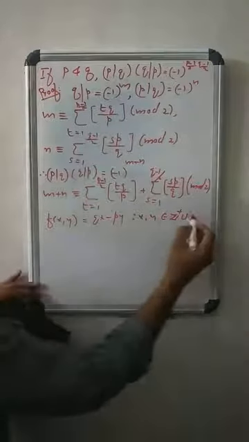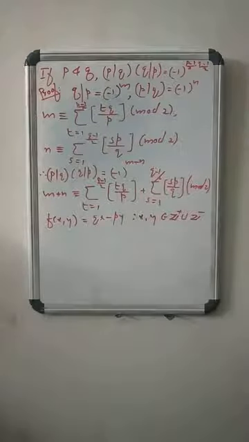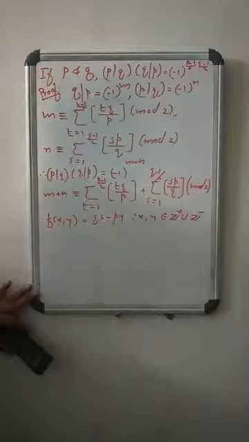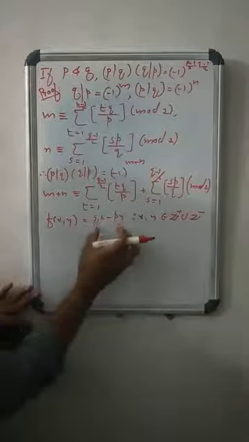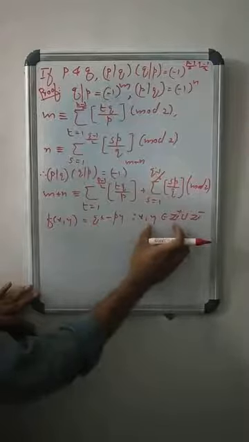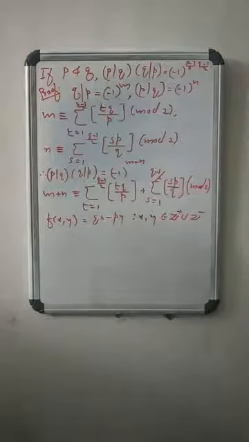Here x and y are non-zero integers, positive or negative. Clearly, f(x,y) is a non-zero integer, since qx minus py with x and y non-zero integers is also a non-zero integer.